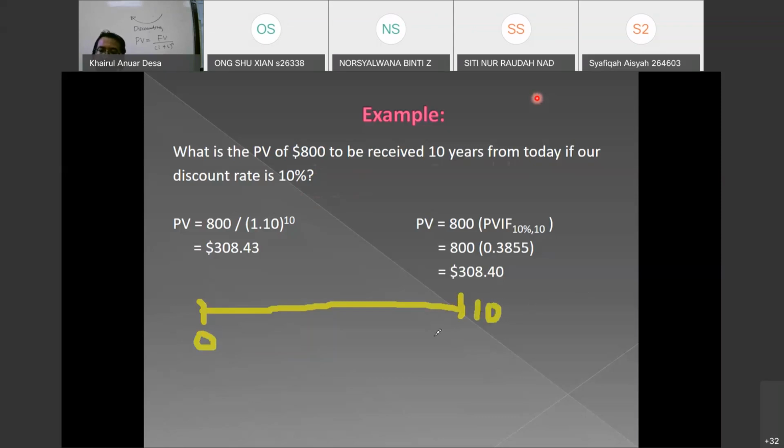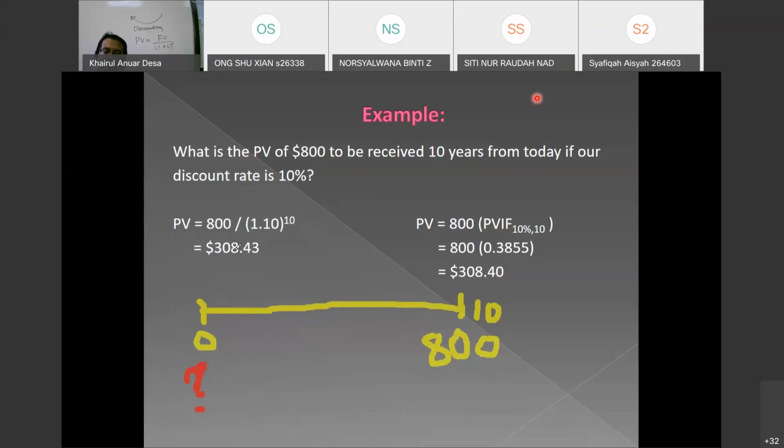Okay, nilai di sini adalah 800. Here is 800. Berapakah nilainya di sini? Okay, boleh nampak di situ?